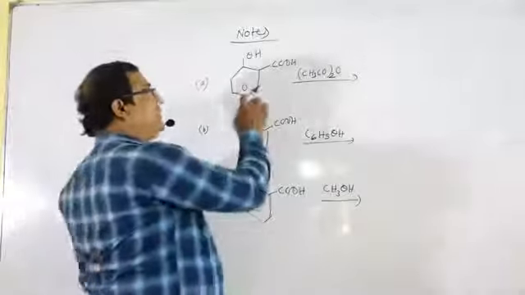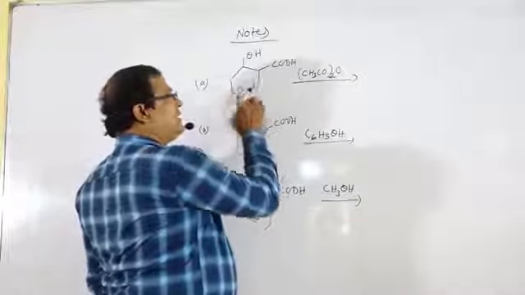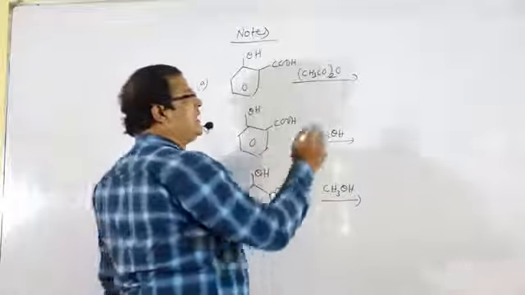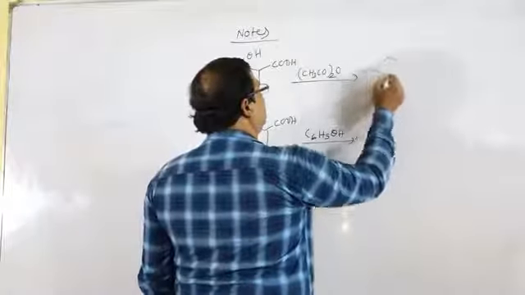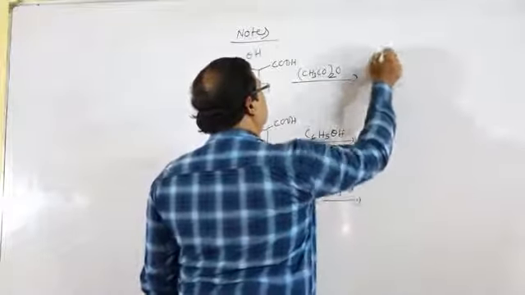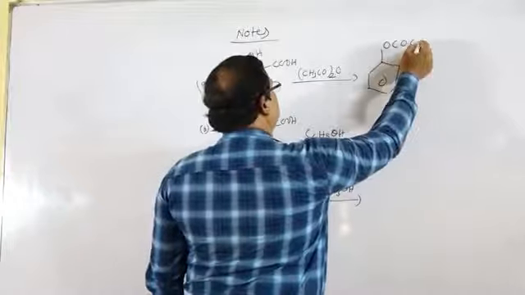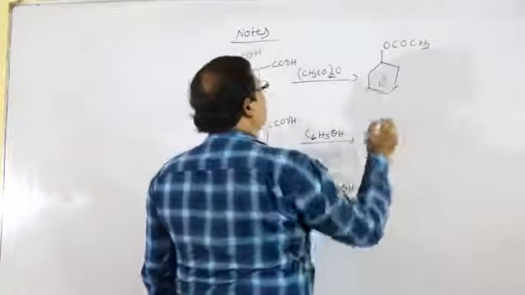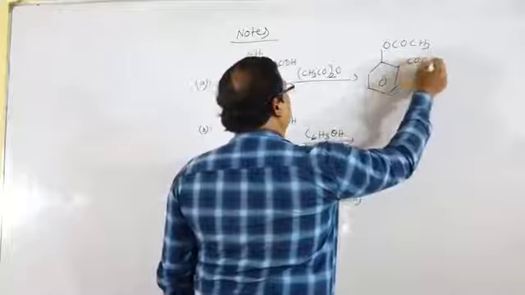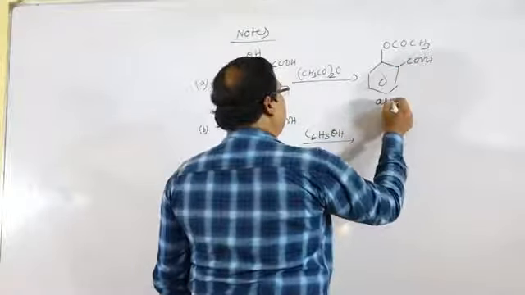Whenever orthohydroxybenzoic acid or salicylic acid is treated with acetic anhydride, there is the formation of OCOCH3 with COOH. That is the formula for aspirin.